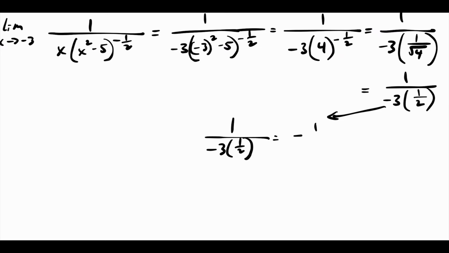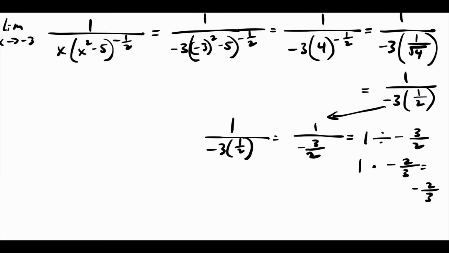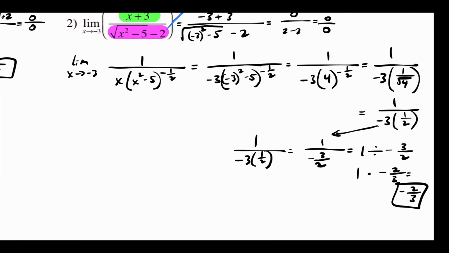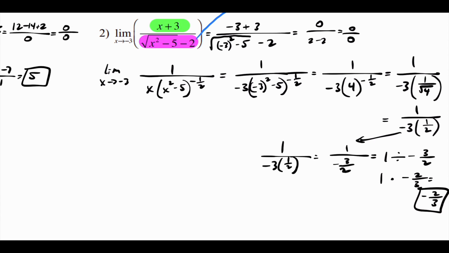You're going to get 1 over negative 3 over 2. So you get 1 divided by negative 3 over 2, multiplied by the reciprocal of the second, and you're going to get negative 2/3. Negative 2/3.